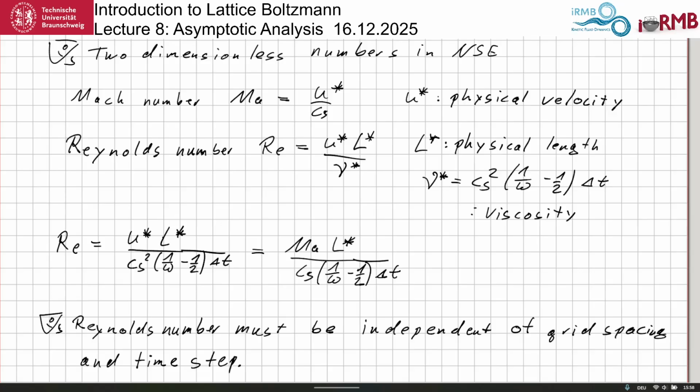And if somebody listens, maybe later on the internet, and thinks about the Chapman-Enskog expansion, which you'll find in most of the lattice Boltzmann books, or when you go to another course on lattice Boltzmann that's not given by us here, then you will probably come across the Chapman-Enskog expansion, which we do not do here.